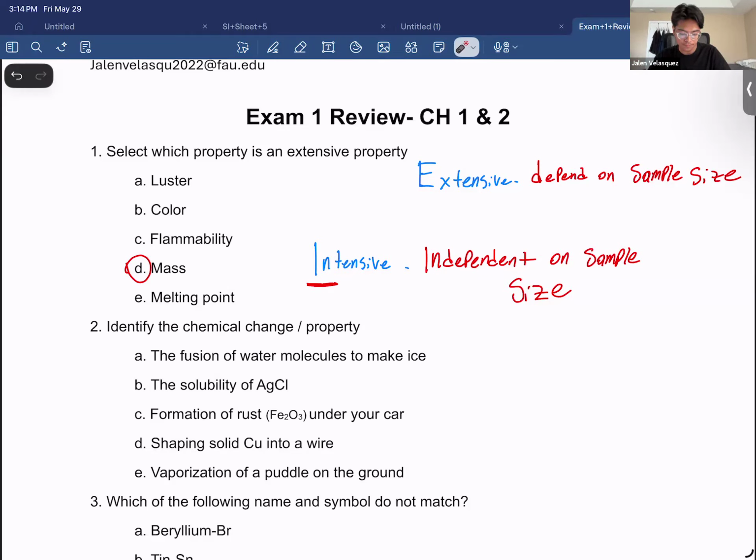Something like color or luster is intensive, right? It doesn't matter how much you have. I'm wearing a black shirt right now. It doesn't matter if I have 50 of these black shirts or just one little thread of this shirt, it's still going to be the same color, right? So it doesn't matter. Okay, so any questions on number one with extensive and intensive properties?